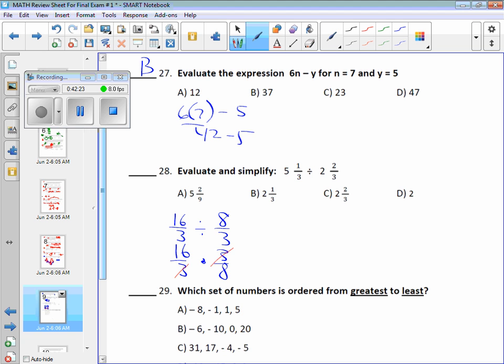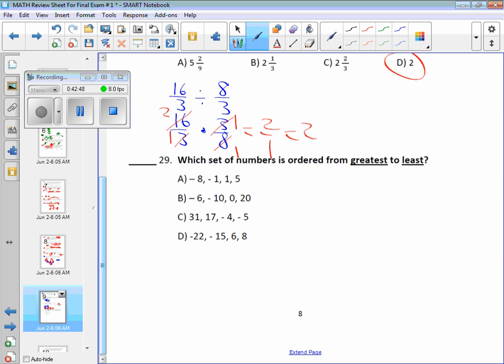Becomes 8 and 16, John. No, 8 becomes 2. Wait, hold on. 1. Right, because 8 is 8. See, I almost bit it. I just did.